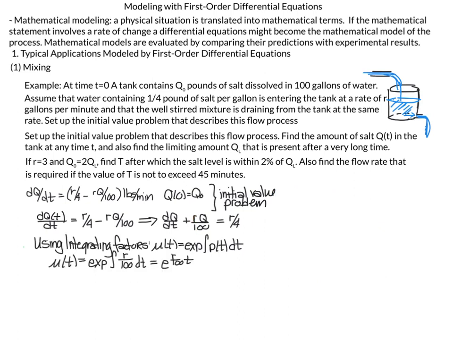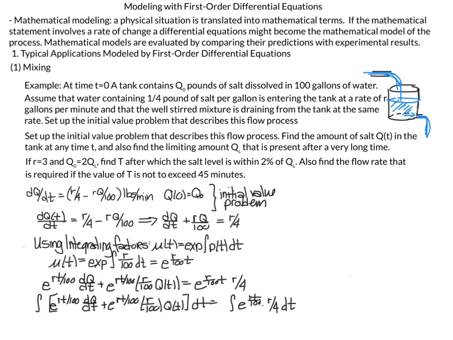Since I've decided to use integrating factors, I need to find my mu, my integrating factor, which is the exponential of the integral of p(t) dt, which is equal to e raised to the integral of r/100 dt, which is e^(rt/100). I multiply my entire equation now by my integrating factor.